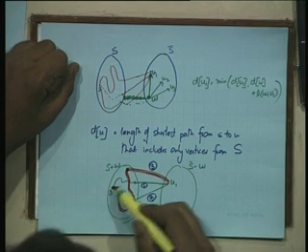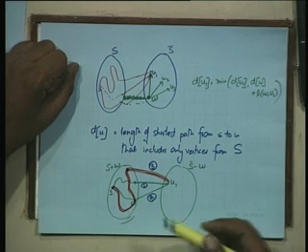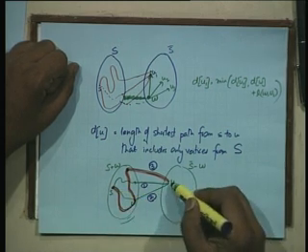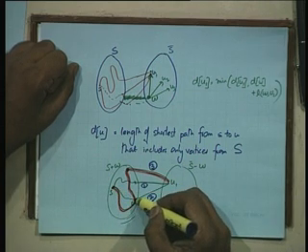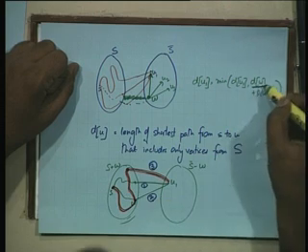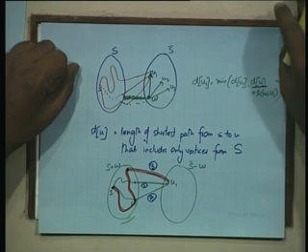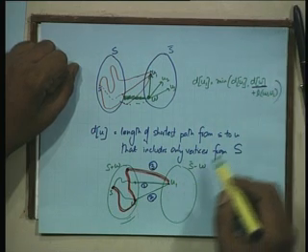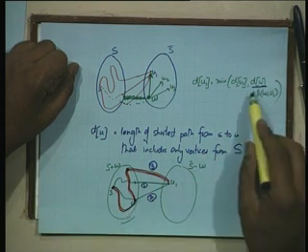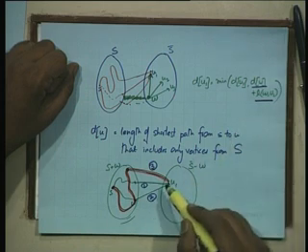So the path from S to W is the shortest path from S to W. If this is the shortest path from S to U1 and it goes via W like this, then this part has to be the shortest path from S to W, which is equal to length d of W by your induction hypothesis. Then this plus this length would be the length of this path from S to U1. So that is getting captured here, we are accounting for the length of such a path.